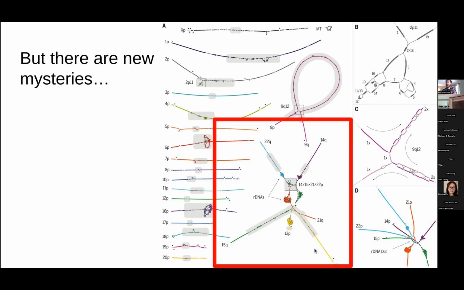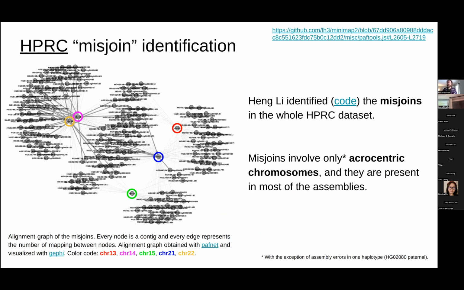This particular pattern is really funky because every other chromosome managed to be separate, with the exception of X and Y, which often come together in the PAR. The fact that these are always together in the assembly graphs suggested that something was going on. Then we looked in the HPRC assemblies, the Pangenome Project assemblies, and there's this misjoin identification, it's called, this quality control thing we did.